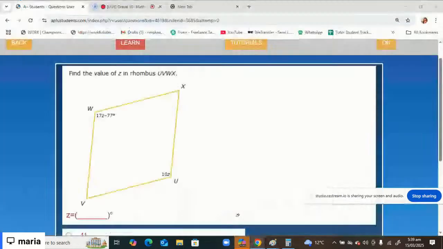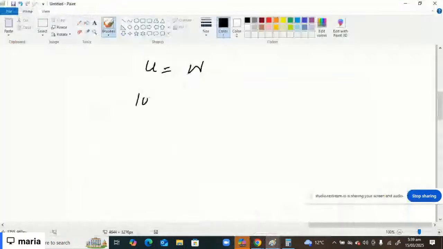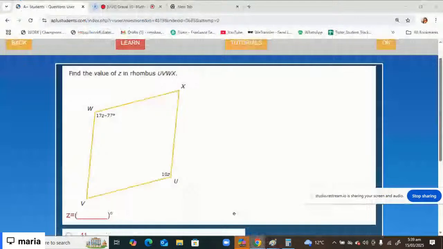U, that is equal to W. So what is U, which is 10Z? And what is W, which is 17Z minus 77.